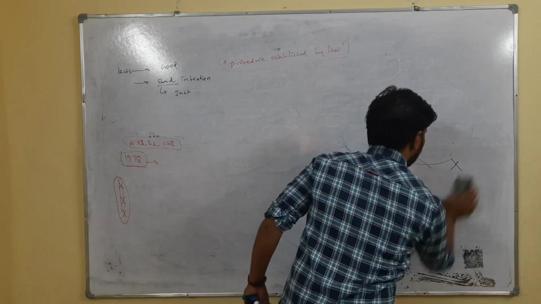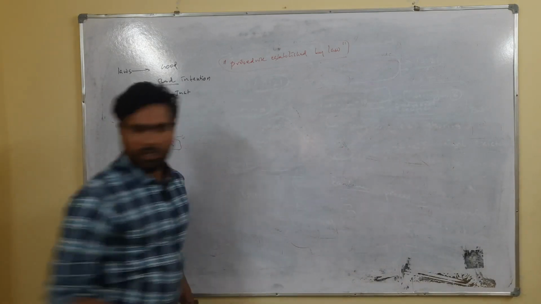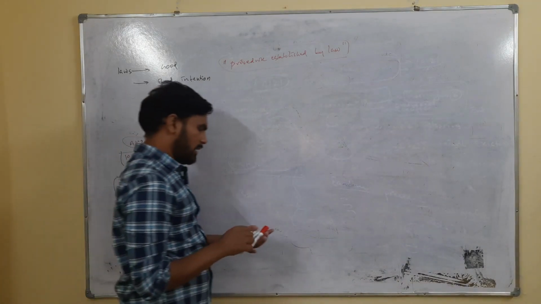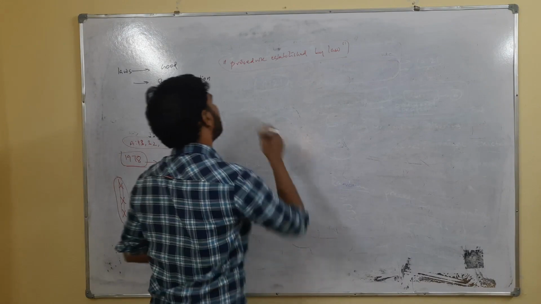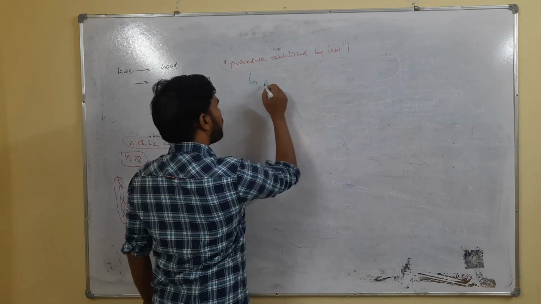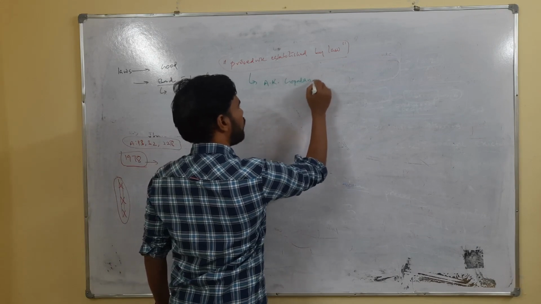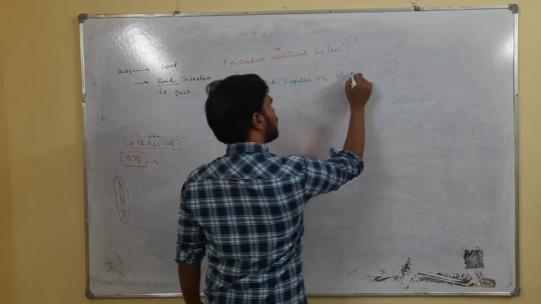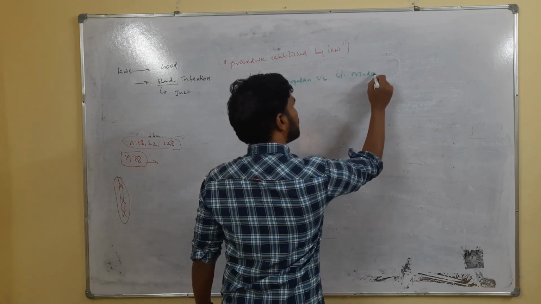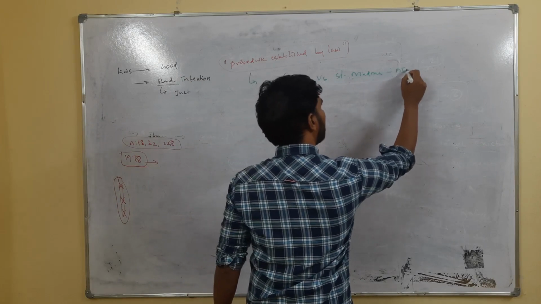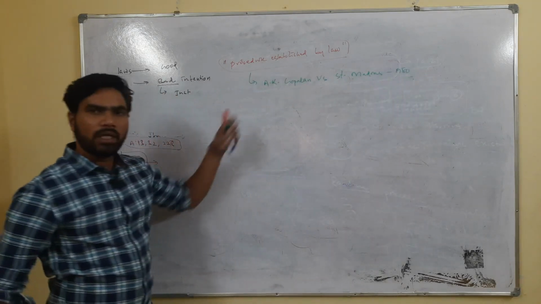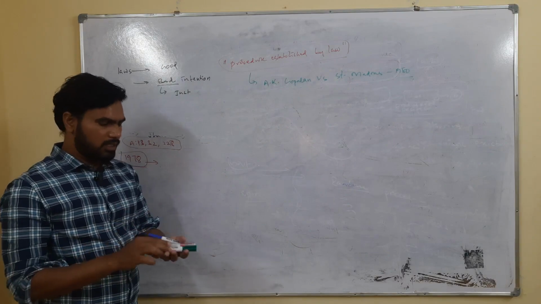So in 1950, immediately after the commencement of the Constitution, a case came, that is A.K. Gopalan versus State of Madras. This case happened in 1950. A.K. Gopalan was a communist leader.